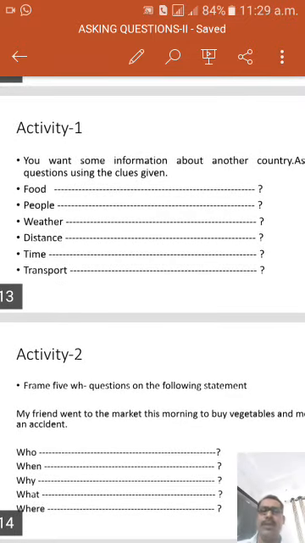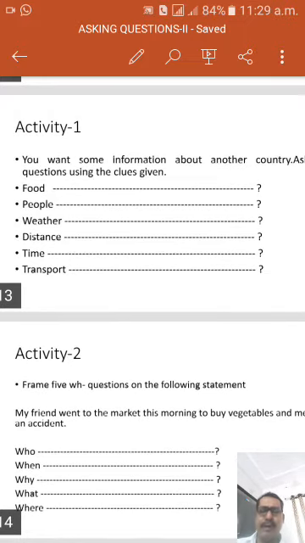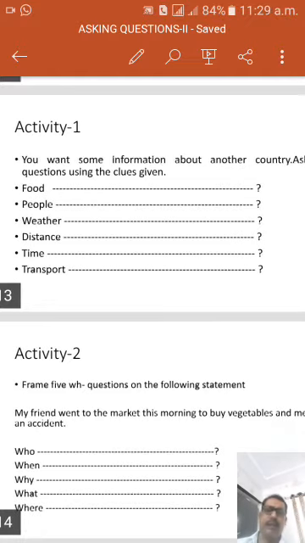So here clues are given. Food. You will ask a question about food. What is the staple food of the people of America? Or what is the staple food in a particular state in America? So people, weather, distance, time, transport.